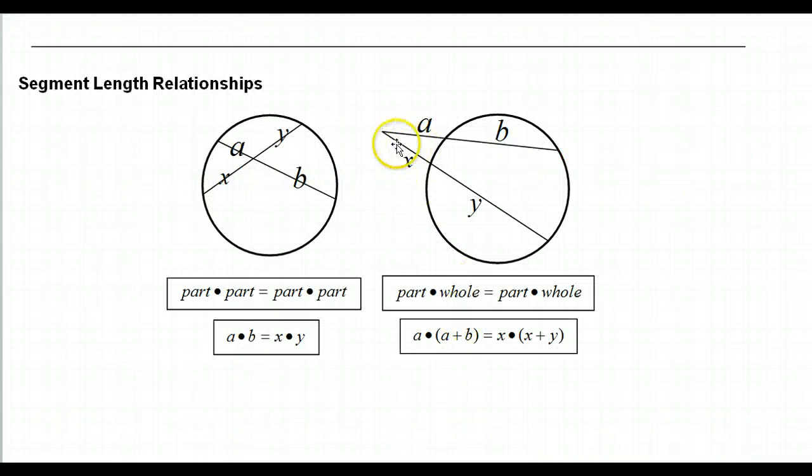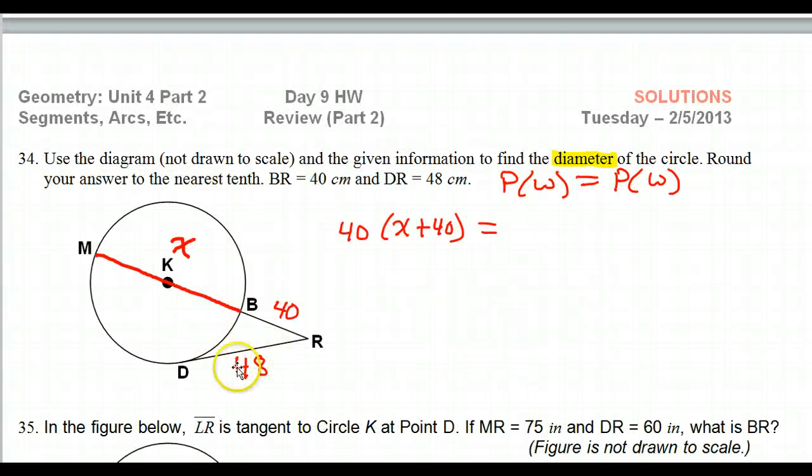Looking at this, we have this part and then the whole thing, but on this particular problem, because it is a tangent, the 48 is the part and the whole. It's both. So when I do part times whole on the right, I'm going to wind up doing 48 for the part and then 48 again for the whole. So watch out for that. So we'll wind up doing a little distributive property right now.